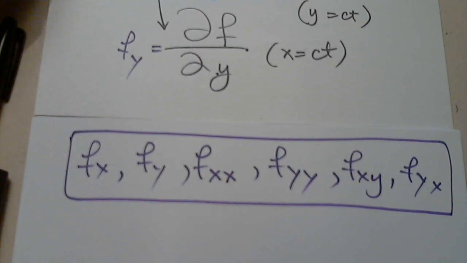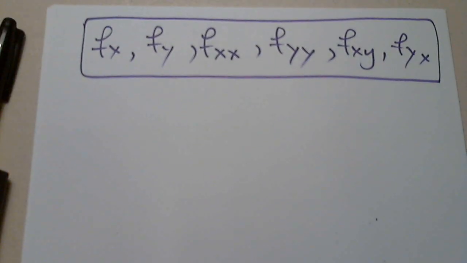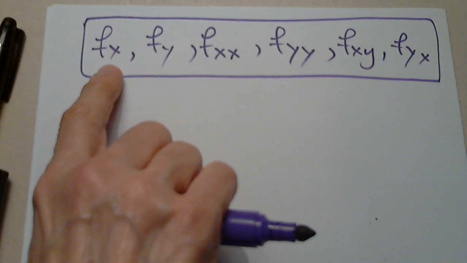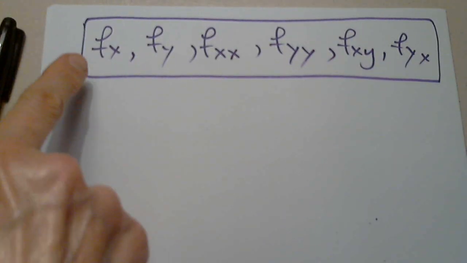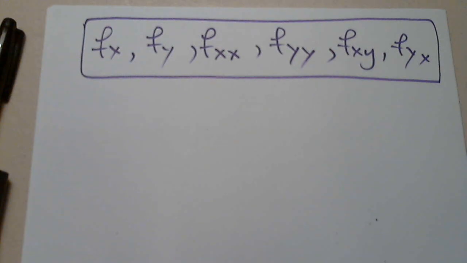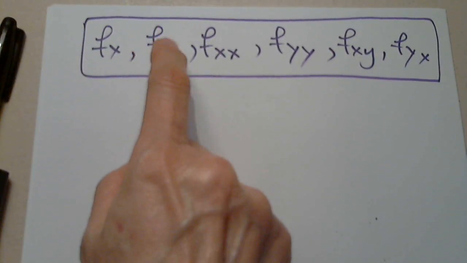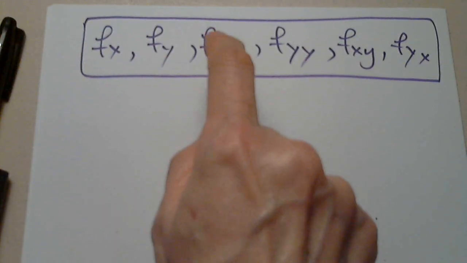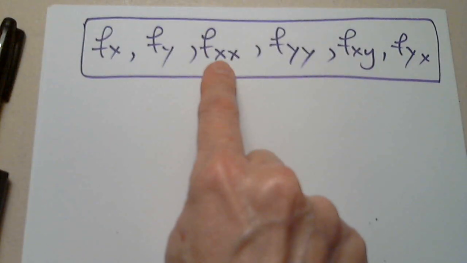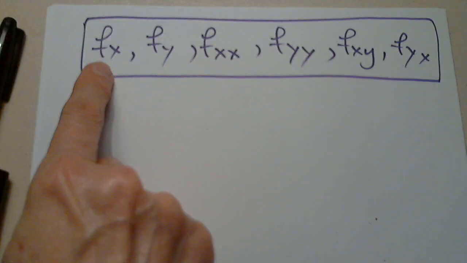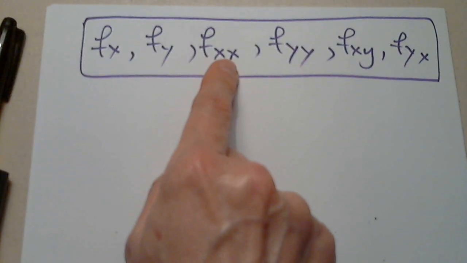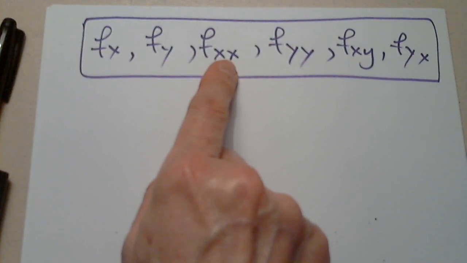Let's see again what they mean. This is the first partial derivative of f with respect to x. This is the first partial derivative of f with respect to y. This is the second partial derivative, meaning I differentiate with respect to x and then I differentiate with respect to x again.